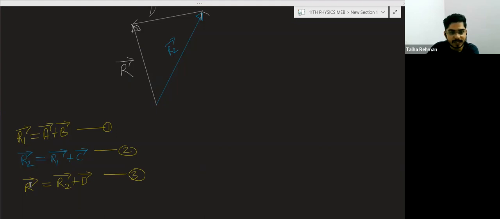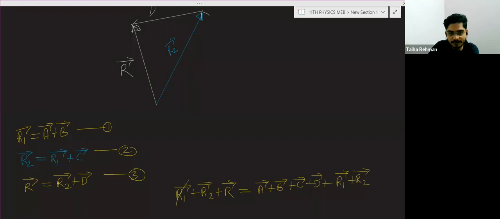When you add, you will get R1 vector plus R2 vector plus R vector on one side. On the other side, you will get A vector plus B vector plus C vector plus D vector, and you will also get R1 vector plus R2 vector.